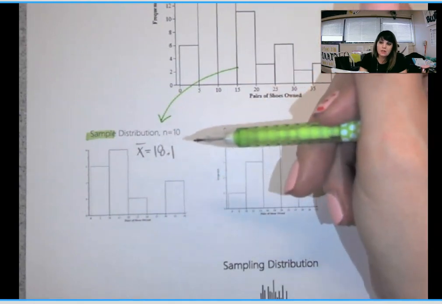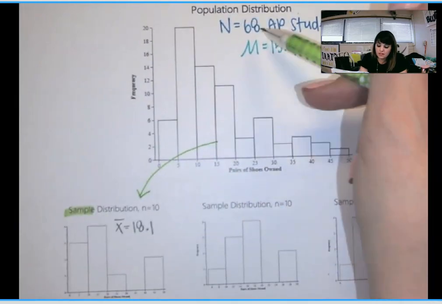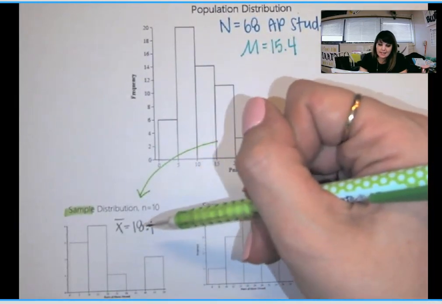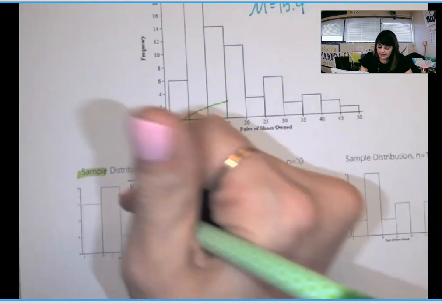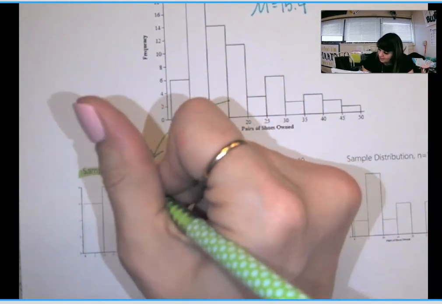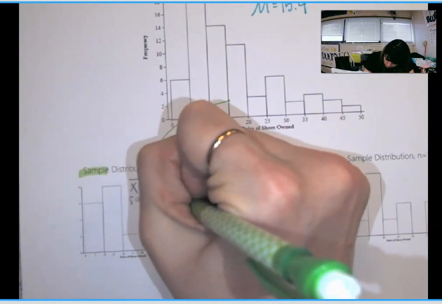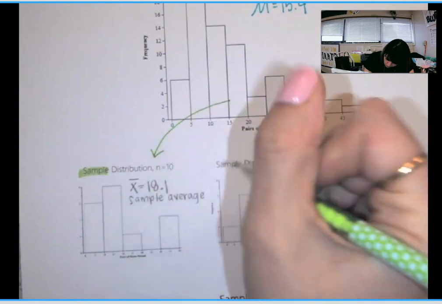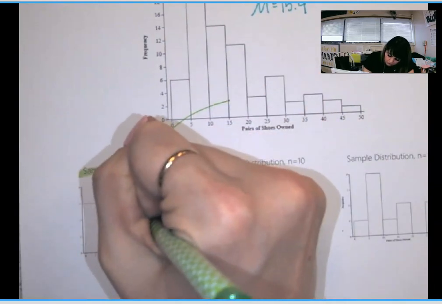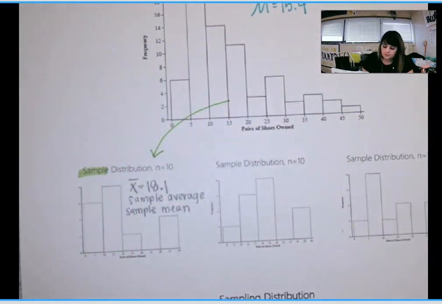My estimate is that the average pairs of shoes owned for these 68 kids is 18. It's really important that we understand that this is the sample average, which we also often refer to as the sample mean.